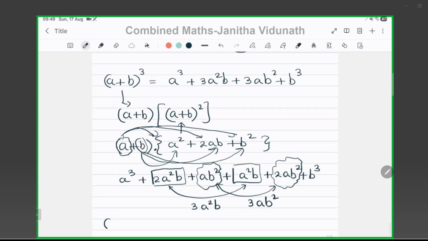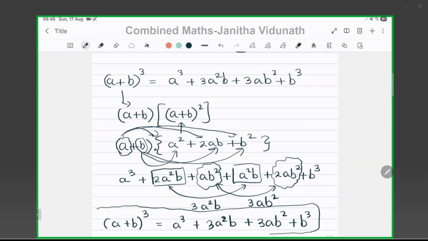Then finally we get a plus b whole cube as a to the power 3 plus 3 times a square b plus 3 times ab square plus b cube. This is the expansion of a plus b whole cube.